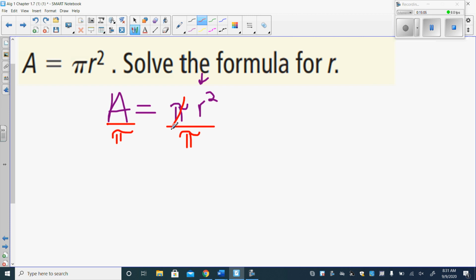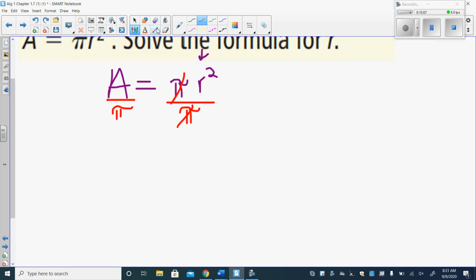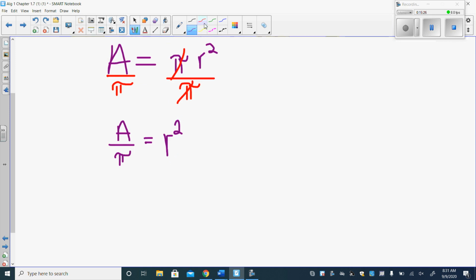And when we divide both sides by pi, pi and pi will cancel, leaving us with r squared, because that's the only thing left on the right-hand side. On the left-hand side, we have a over pi. Now we're almost done because we have r squared. To undo a square, the power of 2, we have to take a square root.